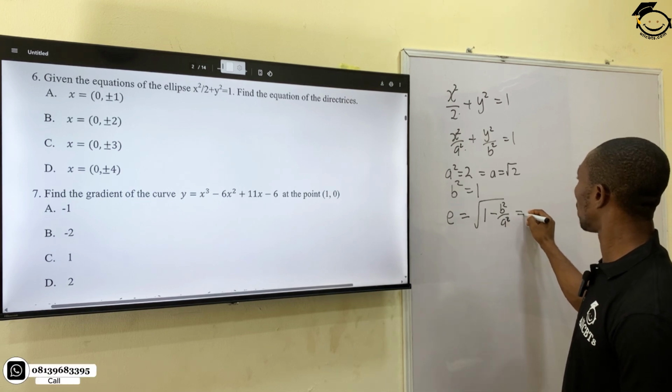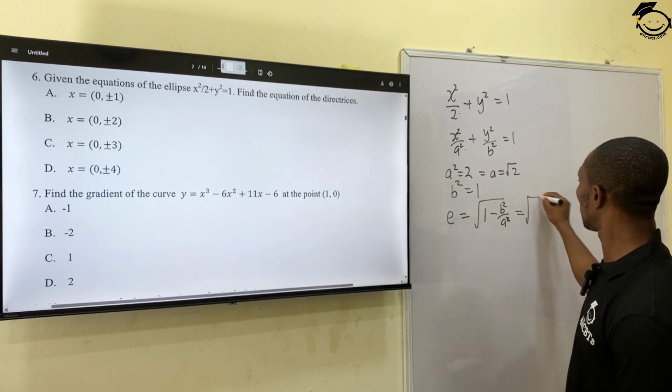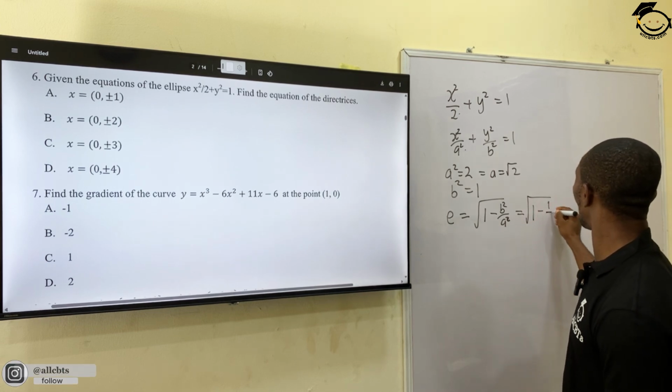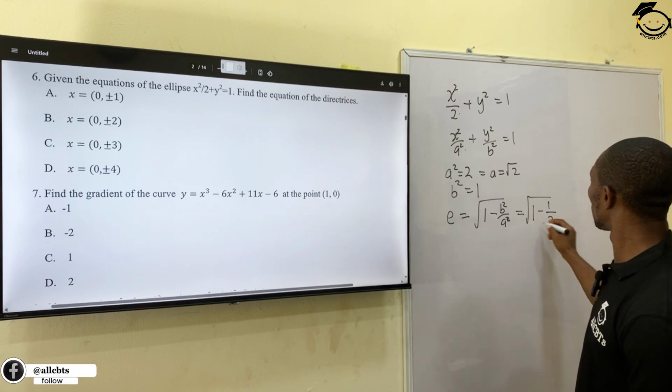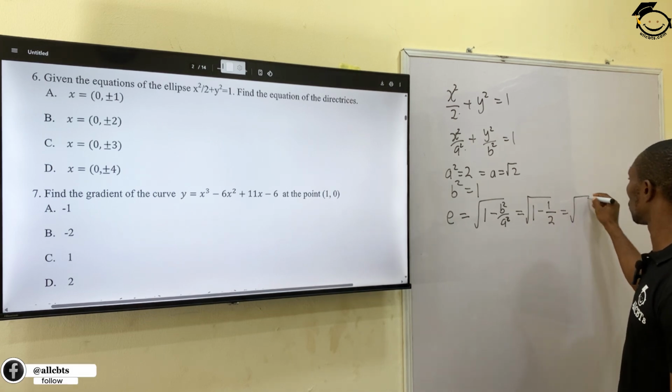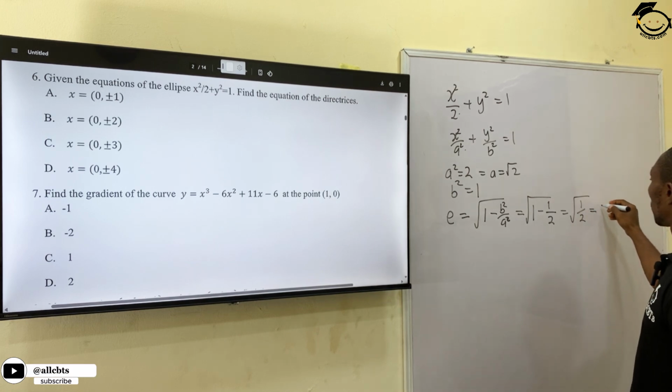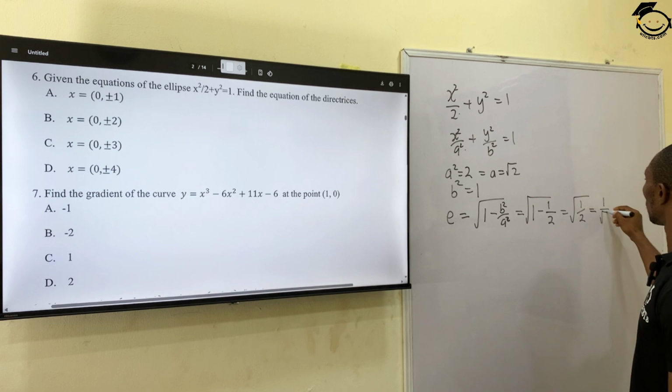All right, now our b squared is 1 and our a squared is 2. So this leaves us with root 1 over 2, which in turn will become 1 over root 2.